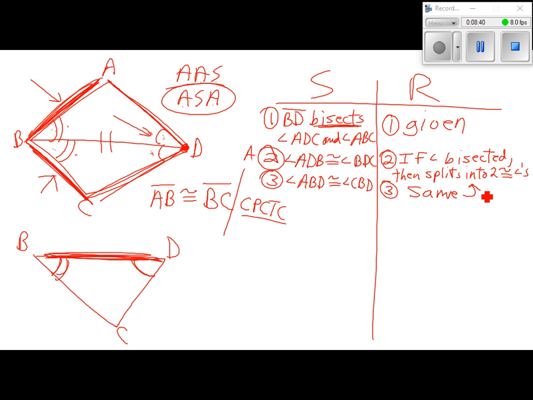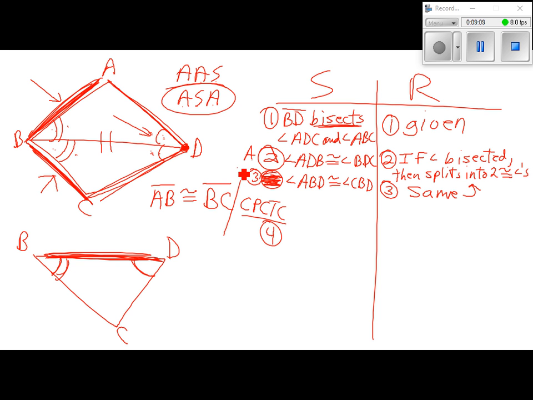The reason I would allow this, the reason there was only 5 steps on there instead of 6, is because the book did this. They just put those two in the same thing. I don't like it when you put them in the same thing.